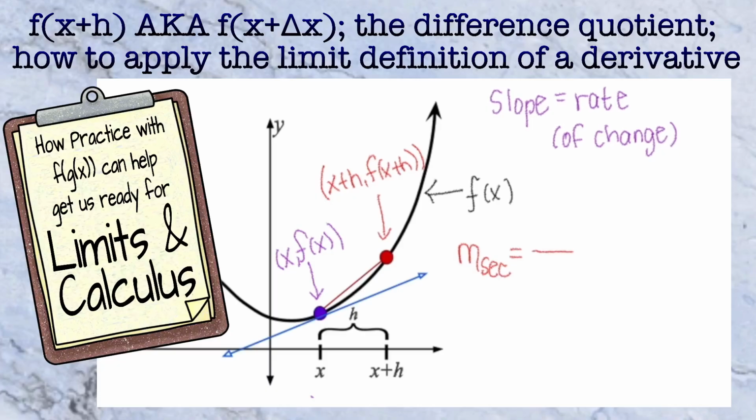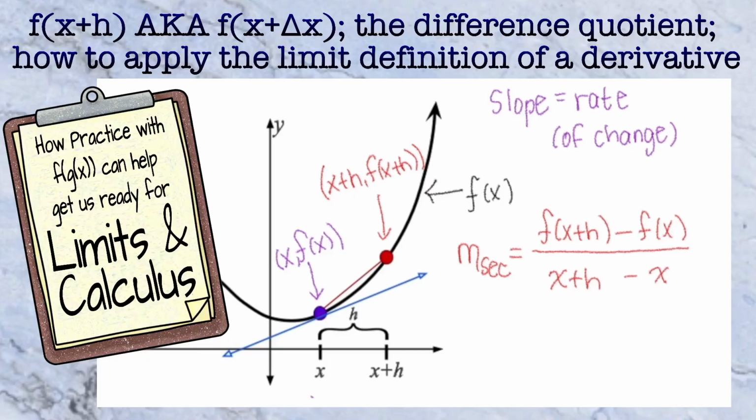All right. So what will that be? The change in y, y sub 2 minus y sub 1, is now f of x plus h minus f of x, all over change in x, which is x2 minus x1, is going to be x plus h minus x.